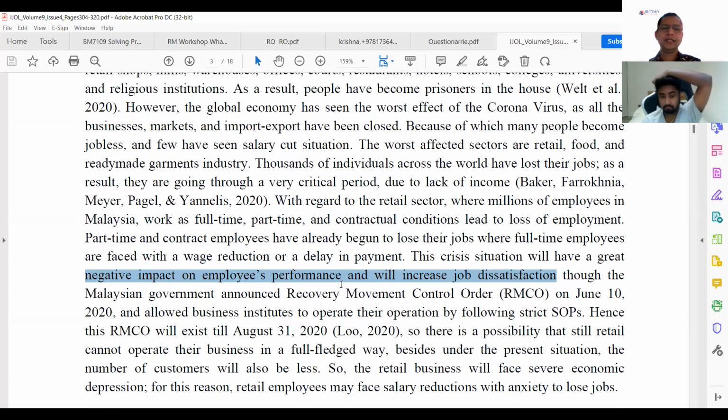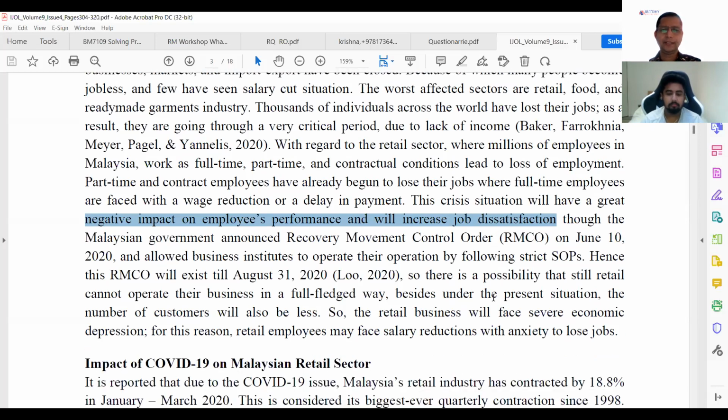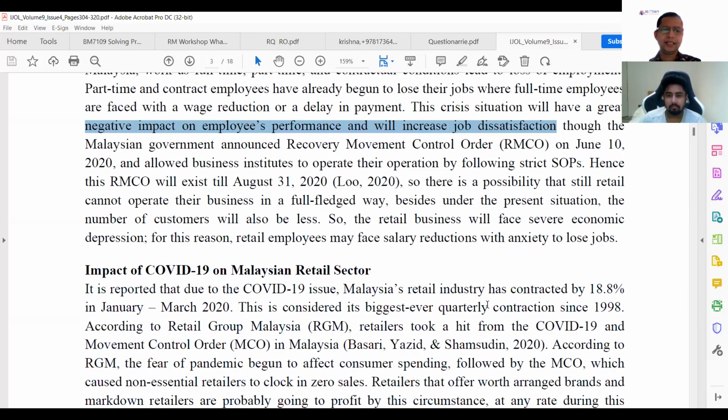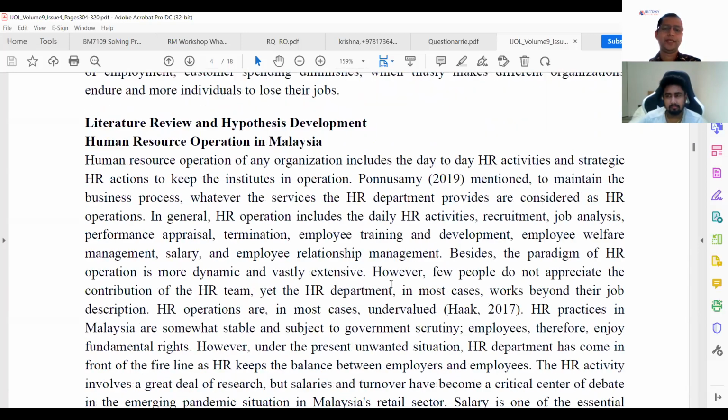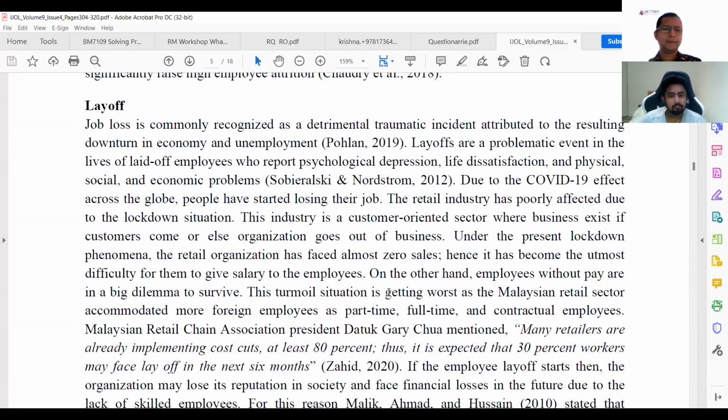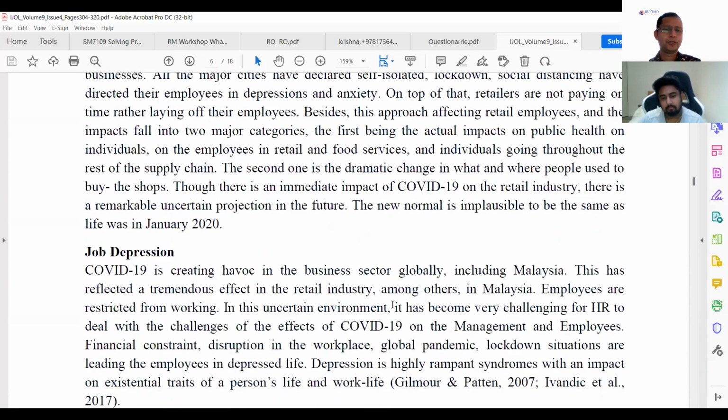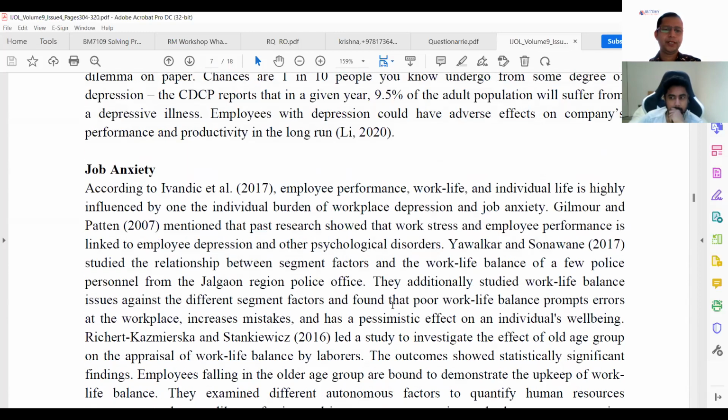And because of that, there is a negative impact on the employees' performance, which will increase job dissatisfaction. And what are the factors that have been identified? Because of the salary, you look into this here, the, what do you call, the diagram, the framework.